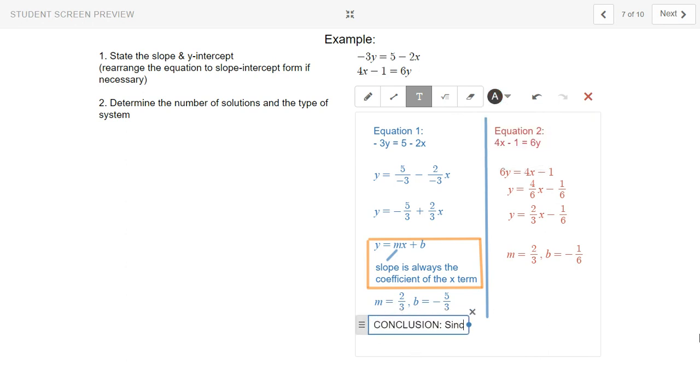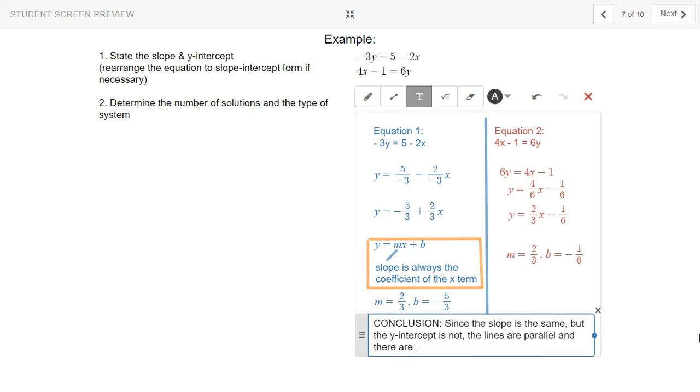For our conclusion, since the slope is the same, but the y-intercept is not, the lines are parallel and there are no solutions.